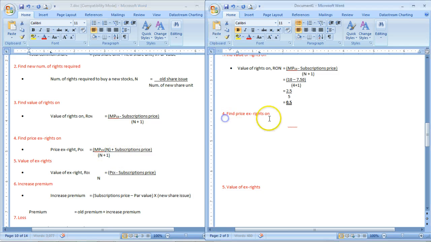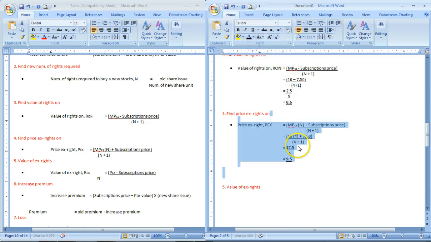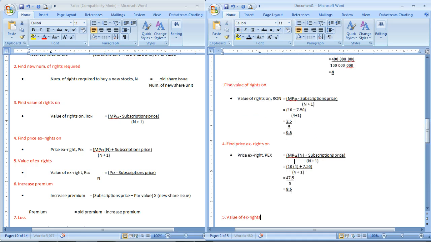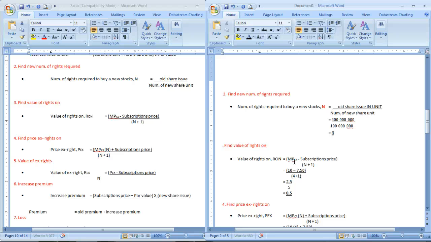So remember this formula, class. 10 is the market price, from the information, times 4 plus 7.5, divided by 4 plus 1, then you will get RM9.5.